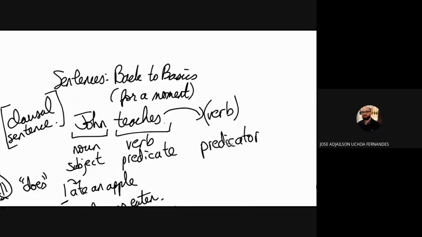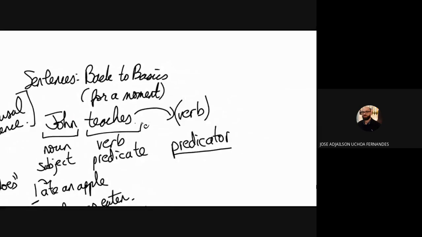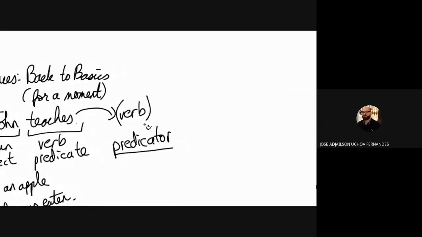You can think of the Terminator if you like. It's the word that's in charge of the predicate, the predicator. And in this case, the predicator has no one else to take care of. This predicate is just made up of the predicator. But other types of clausal sentences can include other words. So let's take a look at a few of these right now.